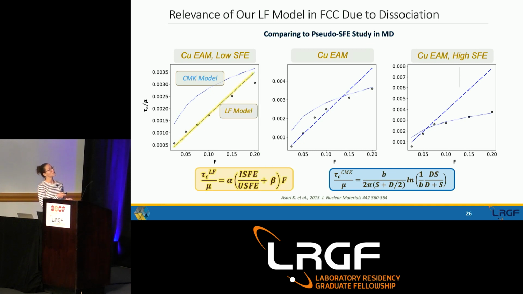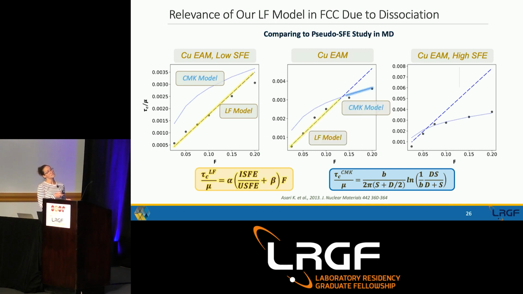So I just want to show here in gray are plotted the molecular dynamics results for this pseudo MD study, where our linear fraction model trends remarkably well for low stacking fault energy materials, much better than literature.